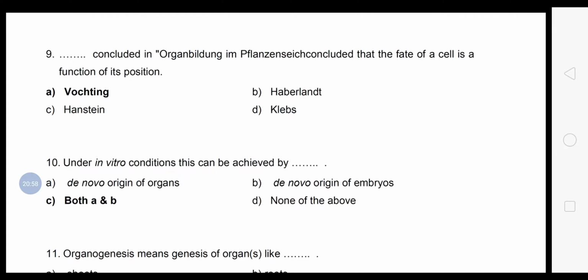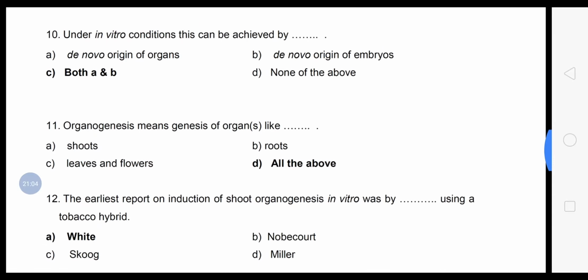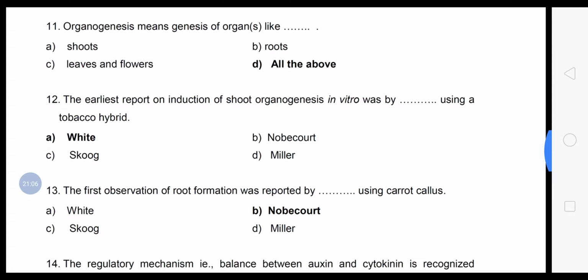Under in vitro condition, this can be achieved by de novo origin of organs and de novo origin of embryos. Organogenesis means genesis of organs like shoots, roots, leaves and flowers. The earliest report on induction of shoot organogenesis in vitro was by White, using tobacco hybrid.